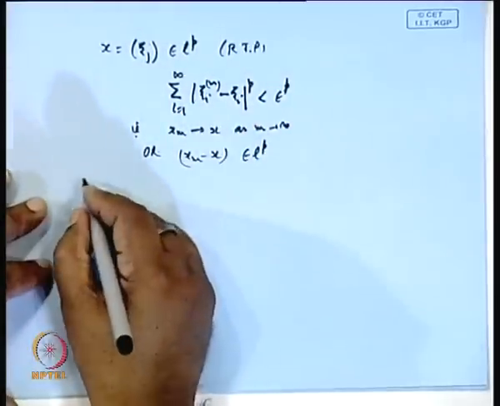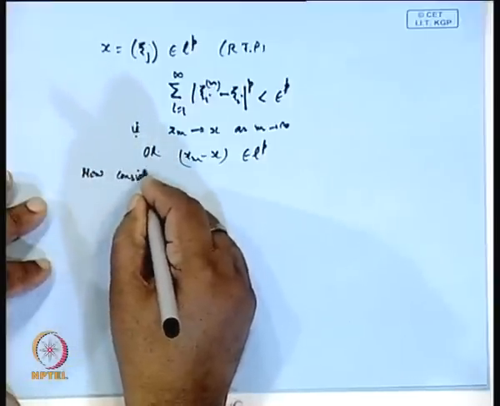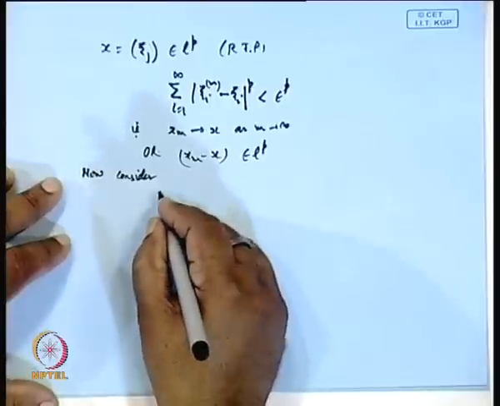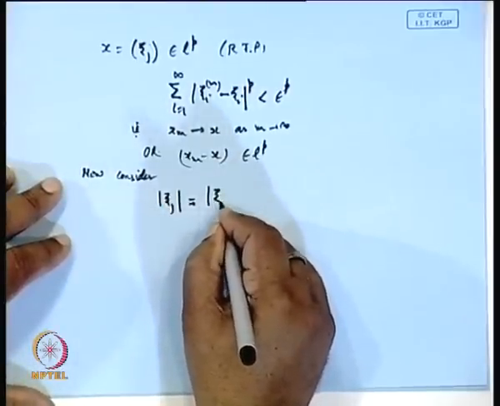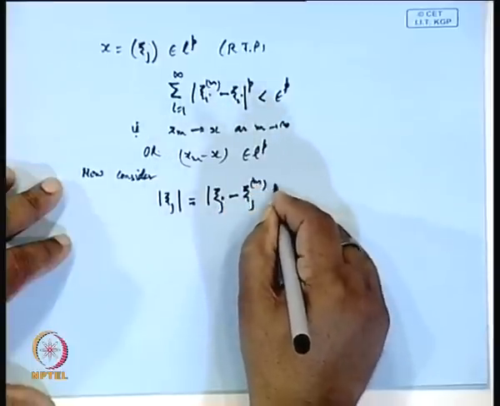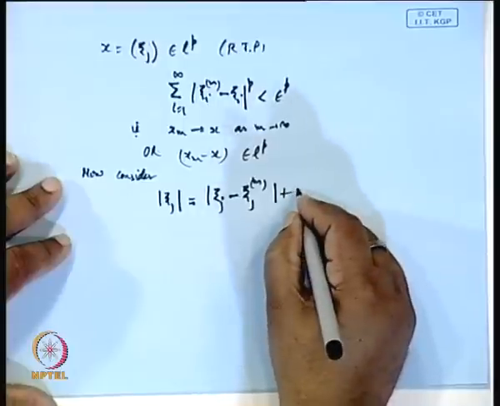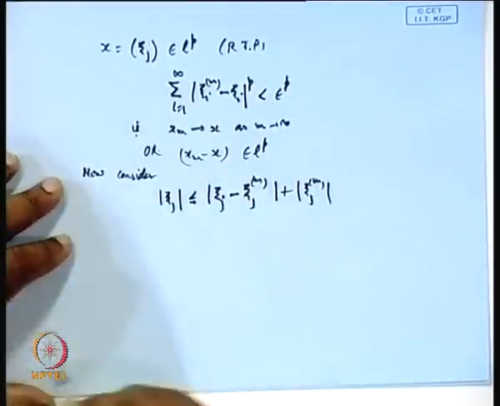Now, consider mod x_j, which is less than or equal to mod of x_j minus x_j^m plus mod of x_j^m.